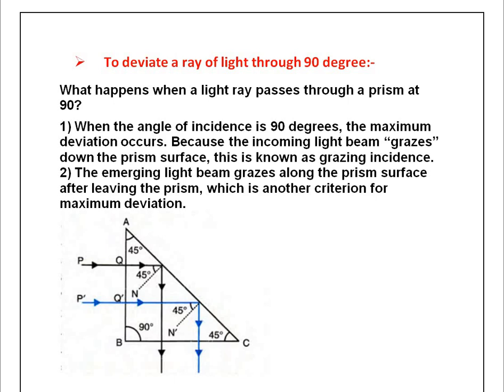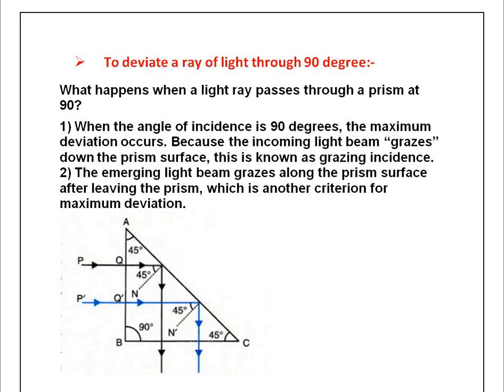From this figure, you can see the path of two rays PQ and P'Q' through the prism and then out of it. Also, by the principle of reversibility, if light is incident normally on any surface of the prism, it will emerge from the surface after suffering total internal reflection.